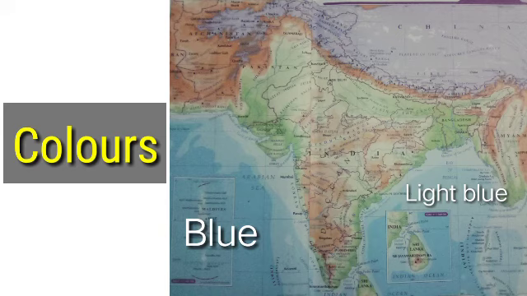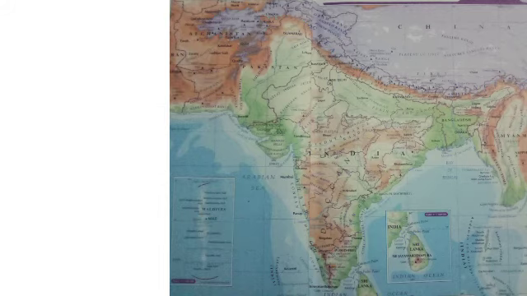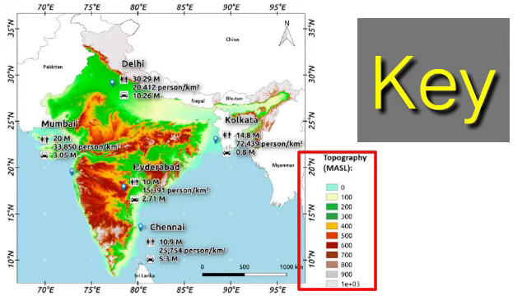Plains or lowlands are shown in shades of green. Highlands are shown in shades of brown. A key is given on a map to help us understand the color scheme and symbols used. Look at this map. Its key shows the height of land above sea level or depth of water below sea level. It also shows what the colors represent on the map.